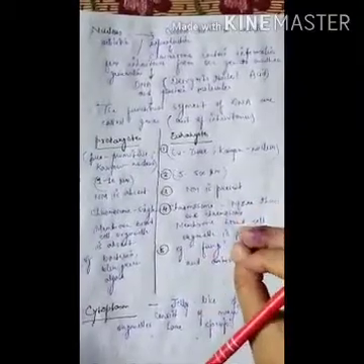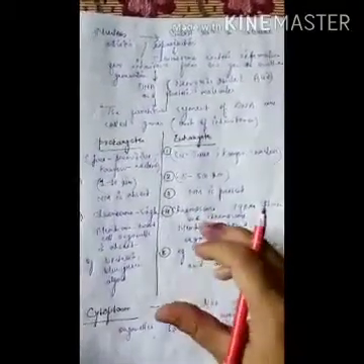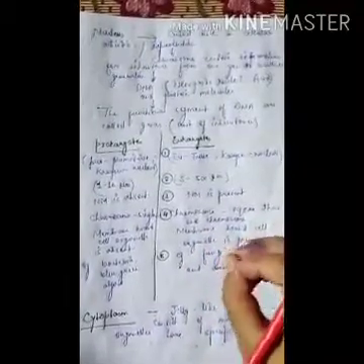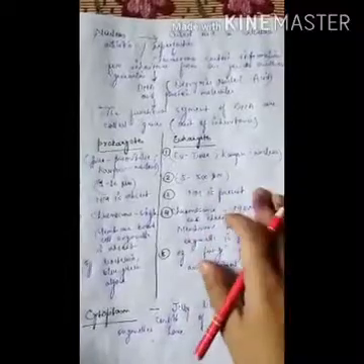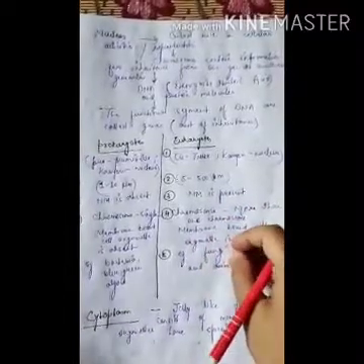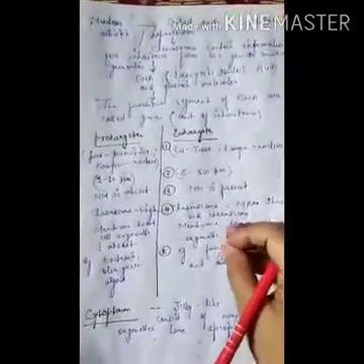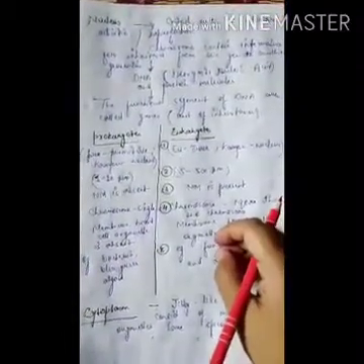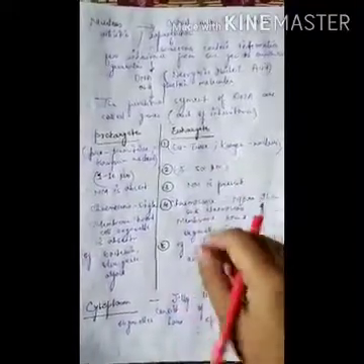This is the main controller of the cell. It has chromosomes, and chromosomes contain information for inheritance from one generation to another. Chromosomes have DNA, deoxyribonucleic acid, and protein molecules.